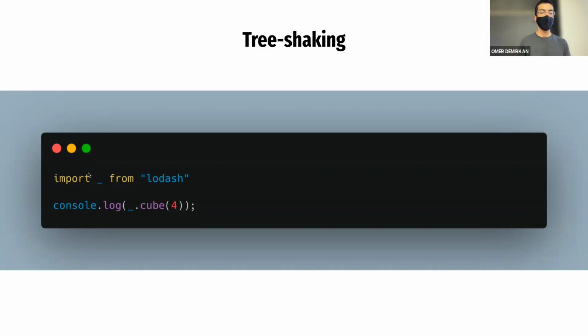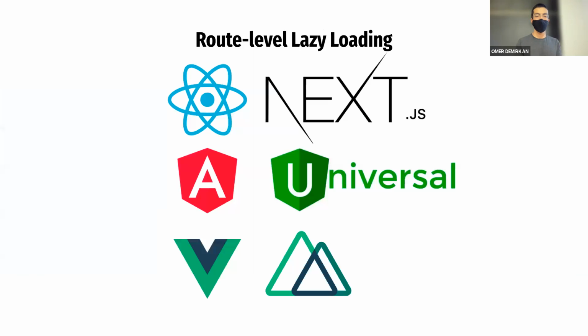We import underscore from Lodash, or import Lodash from Lodash. I think if you're British, you'd call this a Lodash. Don't do this, right? Import what you need. Use this syntax. This basically tells Webpack or Rollup or Vite or whatever bundler you're using, hey, I want exactly this code. Put this into my bundle. Don't put everything that I'm not going to use into it, right?